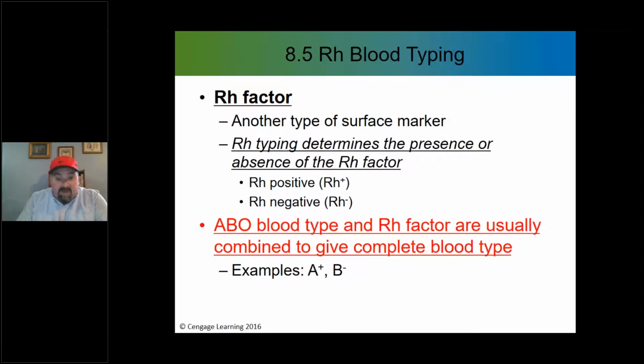Negative mom doesn't have the Rh factor, but the baby is positive because whoever she conceived with had positive blood and the Rh factor was present, so the baby has a chance to be positive for the Rh factor, and this can create an immune response in mom.